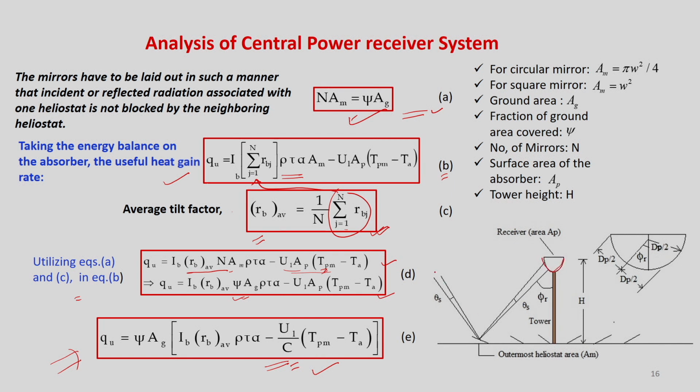Solar radiation is falling on the last heliostats and it is reflected to the observer when it makes an angle with this height of the central power receiver system. This angle is known as phi r, which is also called the rim angle.